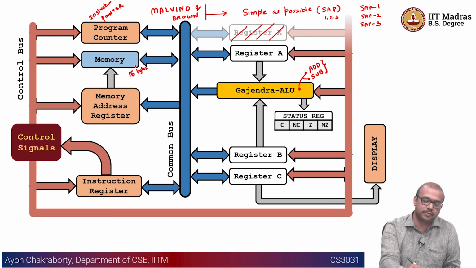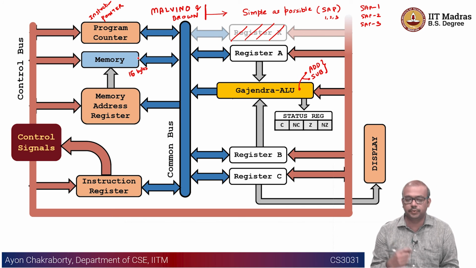It is going to start from 0 0 0 0 and continue to 1 1 1 1, which is F or 15, and together you are going to have 16 bytes. If you want to address these 16 bytes, how many bits are needed? 4, right? 2 to the power 4 is 16.